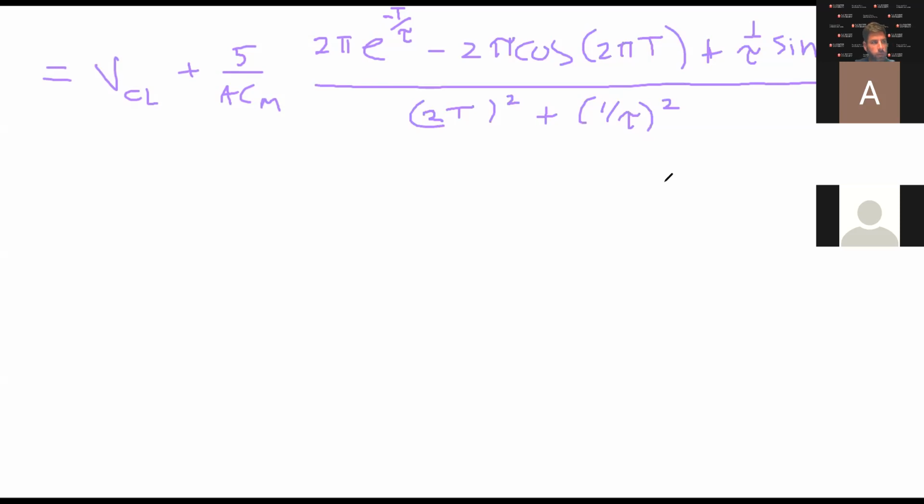The first one goes to 0. The other 2 oscillate. Now, if you look at the denominator, you have a 2t squared, so you would say, okay, then the whole thing should go to 0. And so as t goes to infinity, you imagine that you get v. So here's something to think about before we go look at the graph.